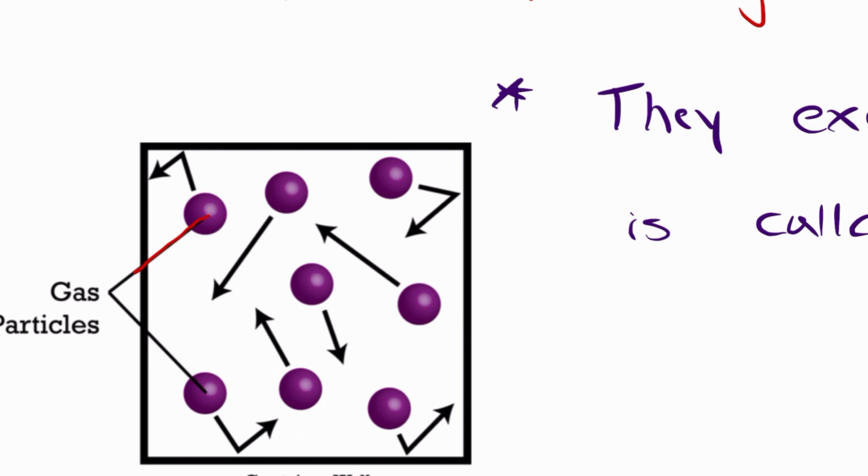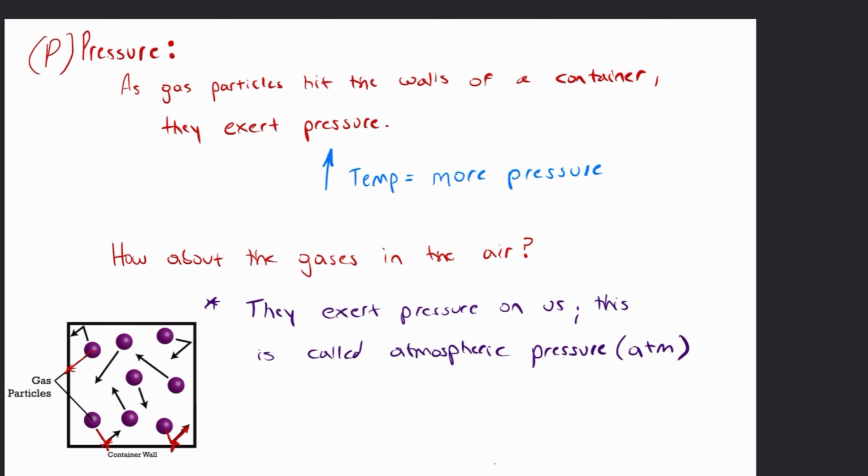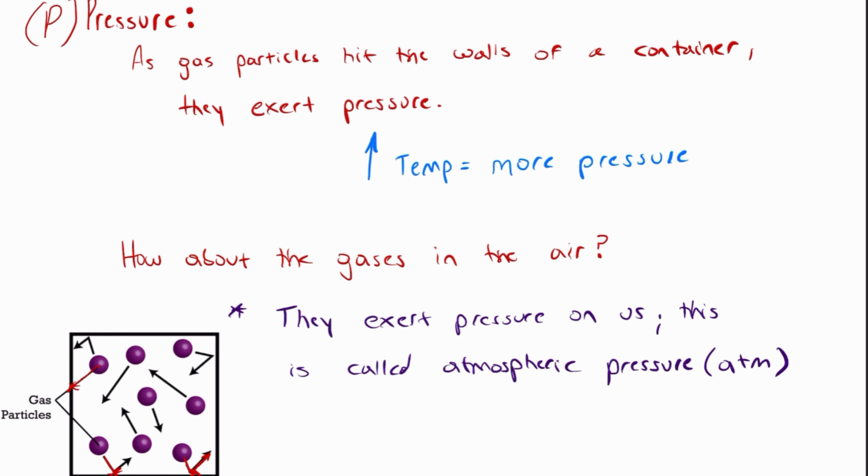This is a way better schematic, I'll say, where the particles hit the wall, exert pressure, then change direction and exert pressure again, and that is what causes pressure when gas particles hit the wall of a container.